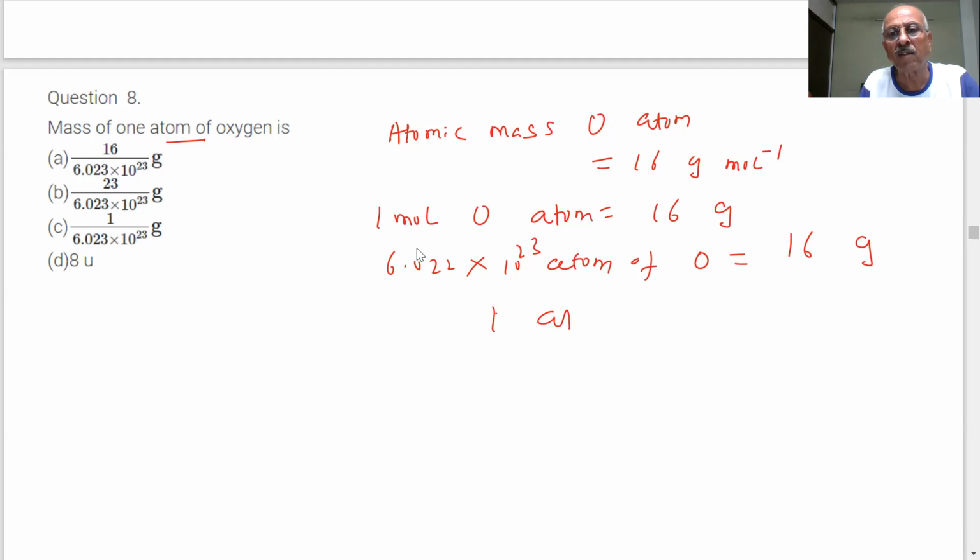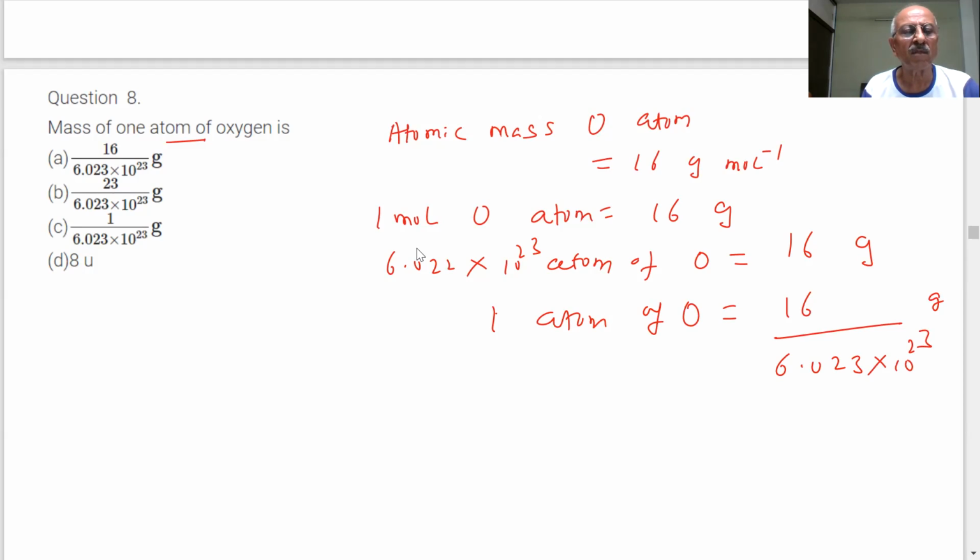Then what will be the mass of 1 atom of oxygen? 16 divided by 6.022 into 10 power 23 gram. What is the correct answer? Which choice? Part A. Okay, answer is A.